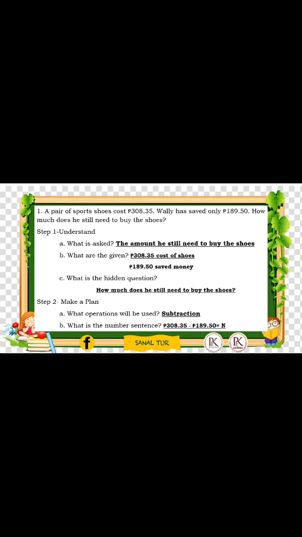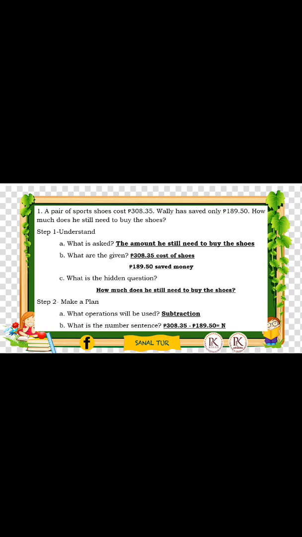That is the cost of the shoes. Then we have 189 and 50. That is the money that Wally saved. Then the hidden question in there is the phrase how much does he still need to buy. Then after that, you already have the information that you need.